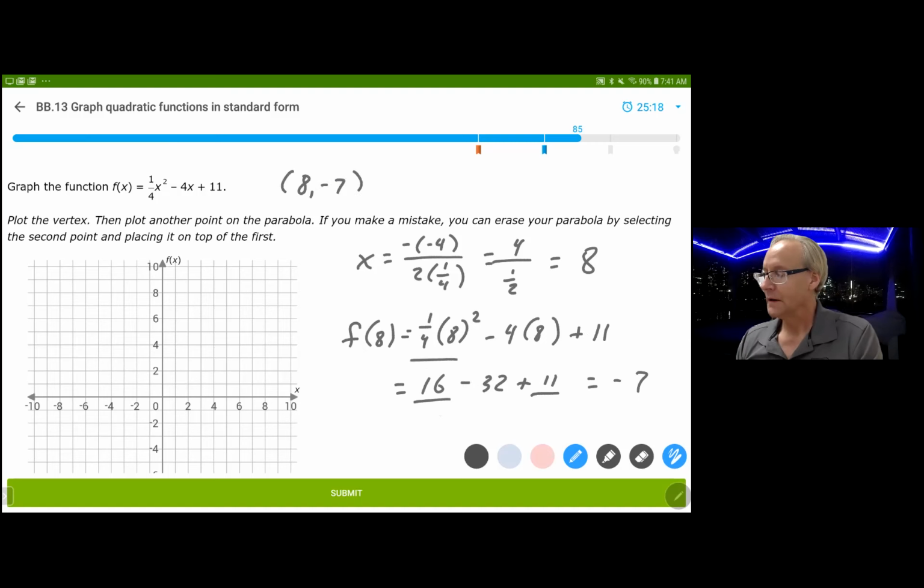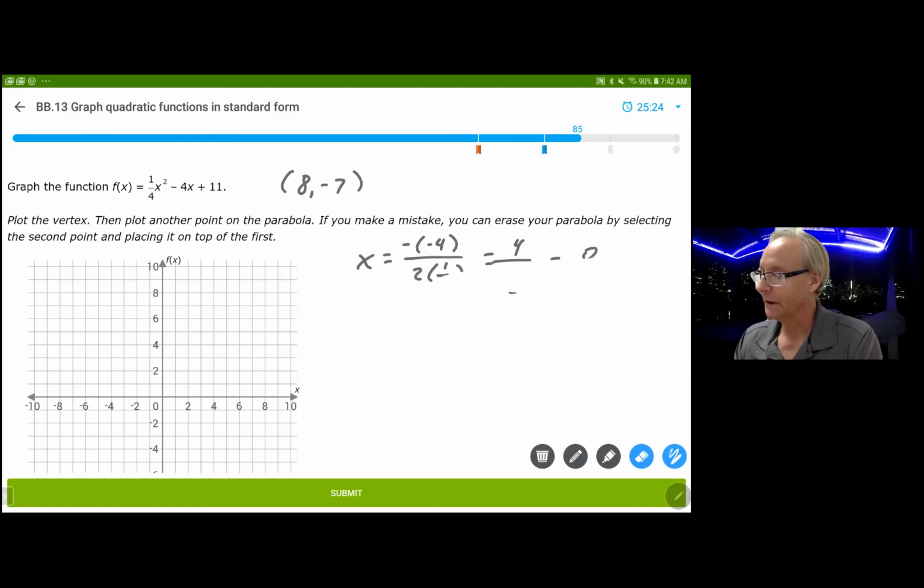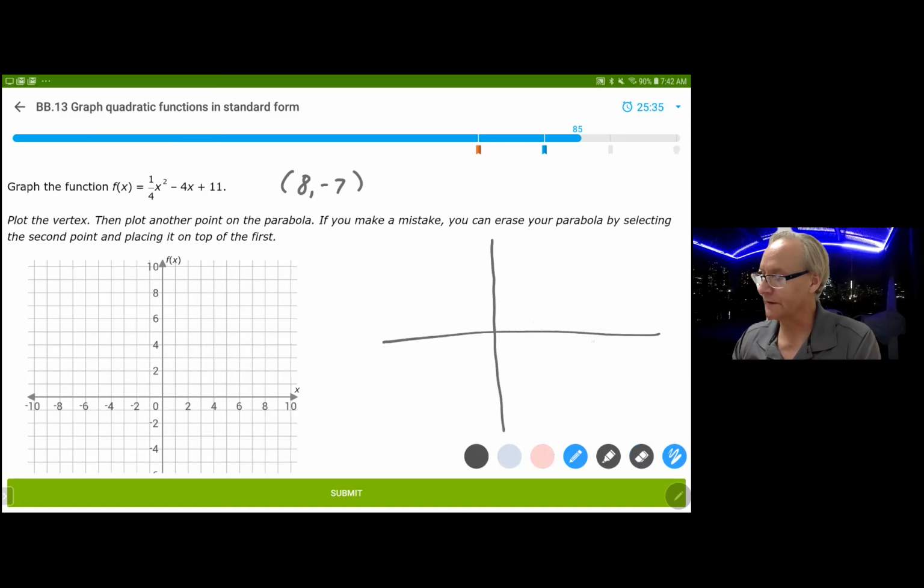All right. Now what I'm going to do, I'm going to get rid of this for just a second so I can show you. I'm going to draw something for you. And I think this one will be easier to understand, in fact, because it's a positive fraction. So what I've got is 8, -7, and I'm just going to estimate it. Let's pretend like it's here. This is going to be my 8, -7, okay? That's my vertex. Now, if this was a 1 instead of a 1/4, what would happen?